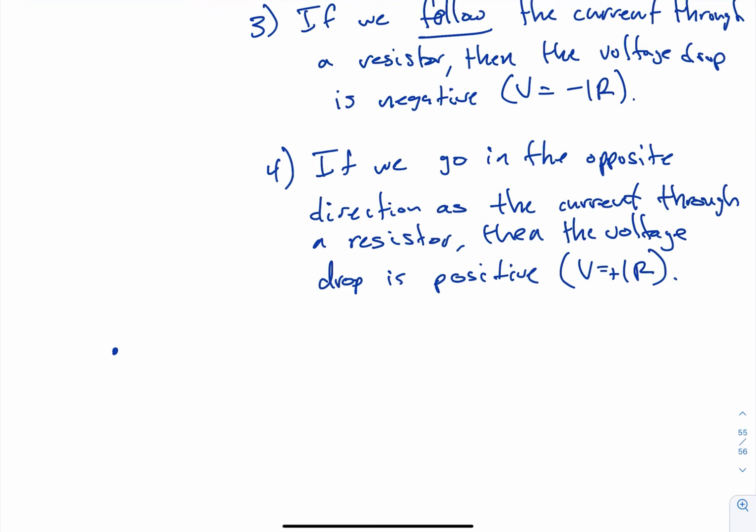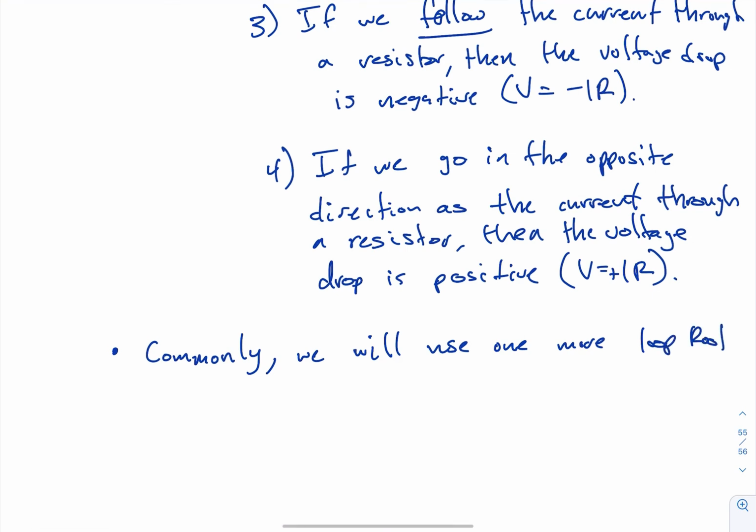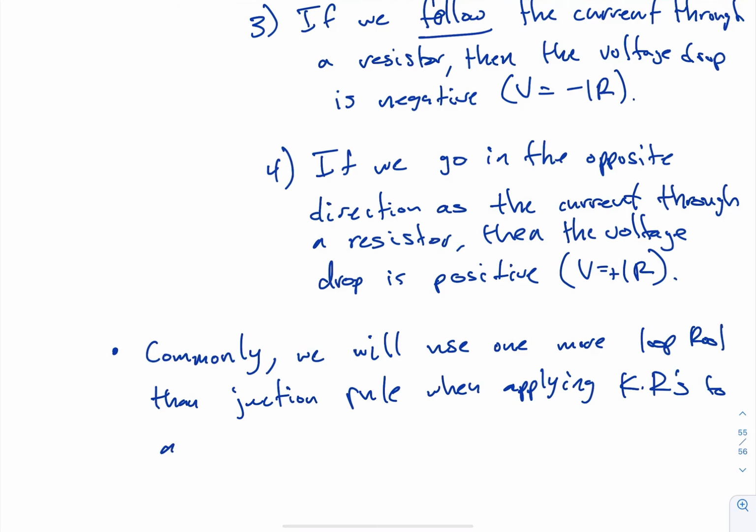The last two points I want to make for this video are that commonly we will use one more loop rule than junction rule to solve a Kirchhoff's rules problem. This is a common rule of thumb.